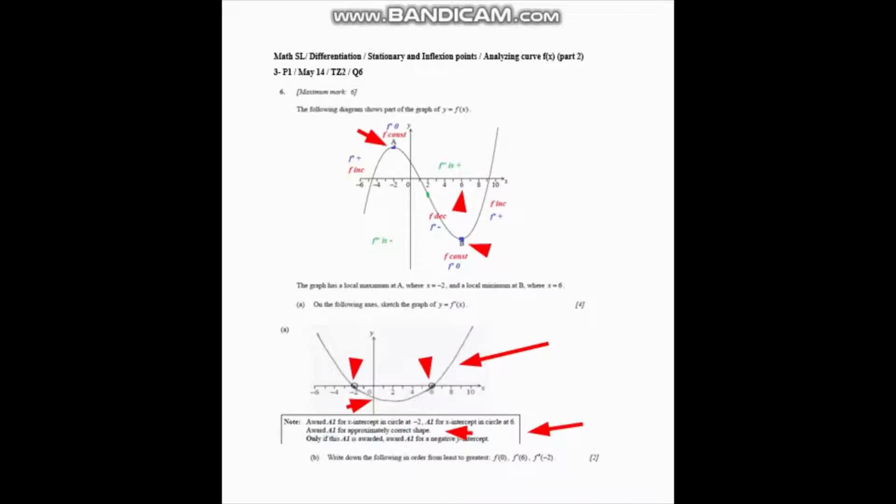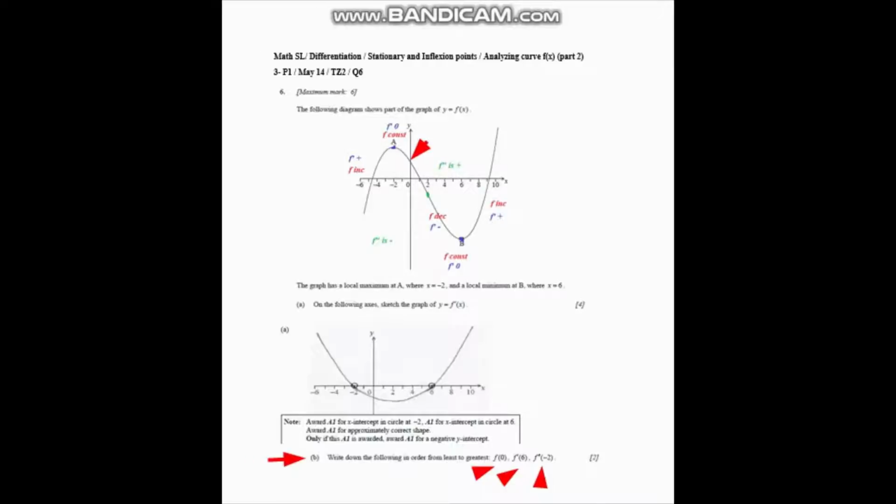So let's move to question B. Question B says, write down the following in order from least to greatest: f of 0, f dash of 6, and f double dash of negative 2. So f of 0 from the graph is right there.